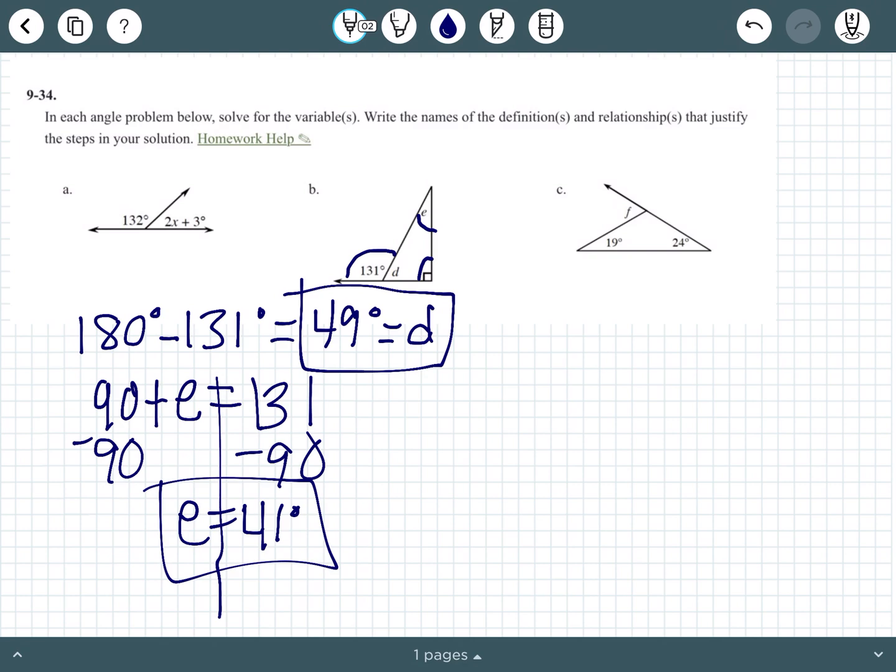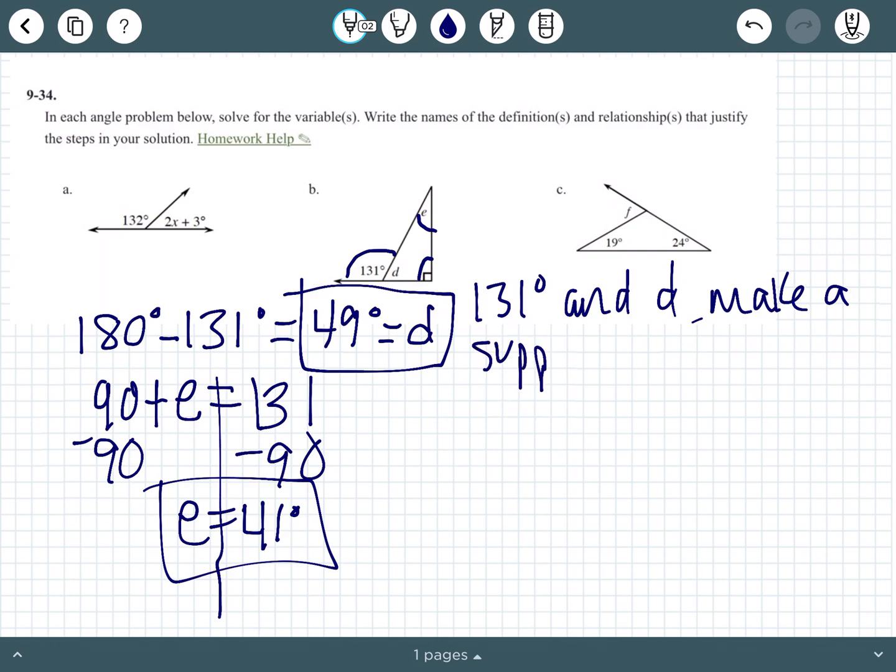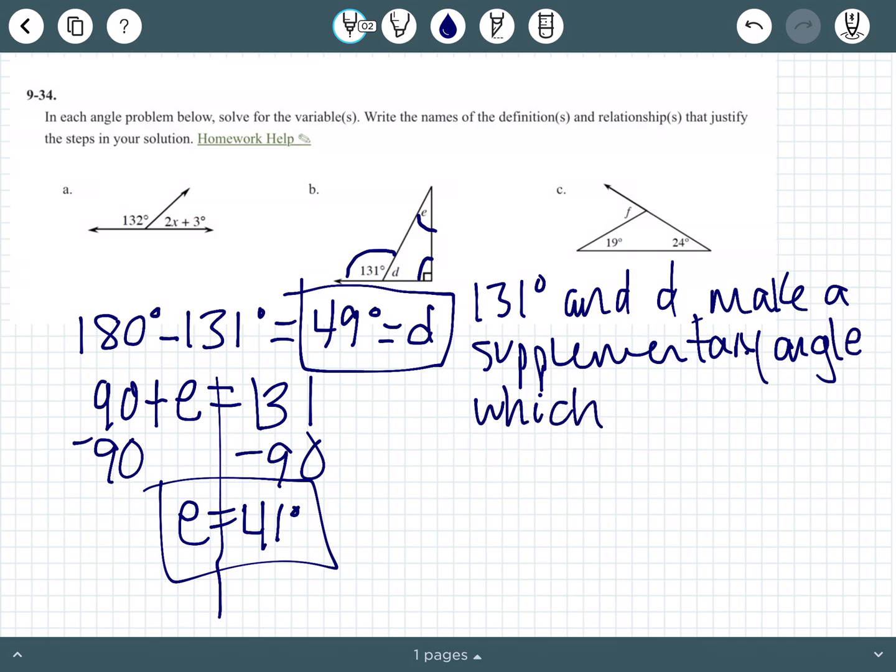So for D, we will say 131 degrees and D make a supplementary angle, which add up to 180 degrees.